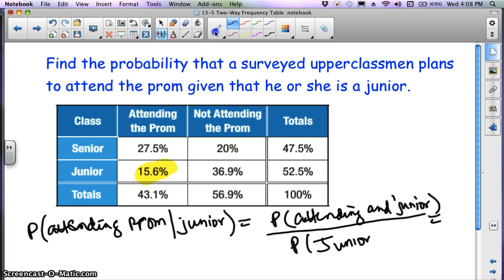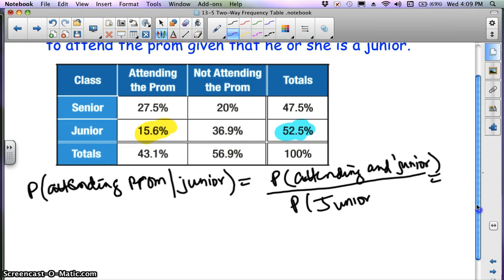So then we're going to go over here. Okay, where's my total for juniors? It's right here. All right, so you can change those to decimals and then divide them out and find the probability. So it's going to be 0.156 over 0.525. That's going to give me 0.297.